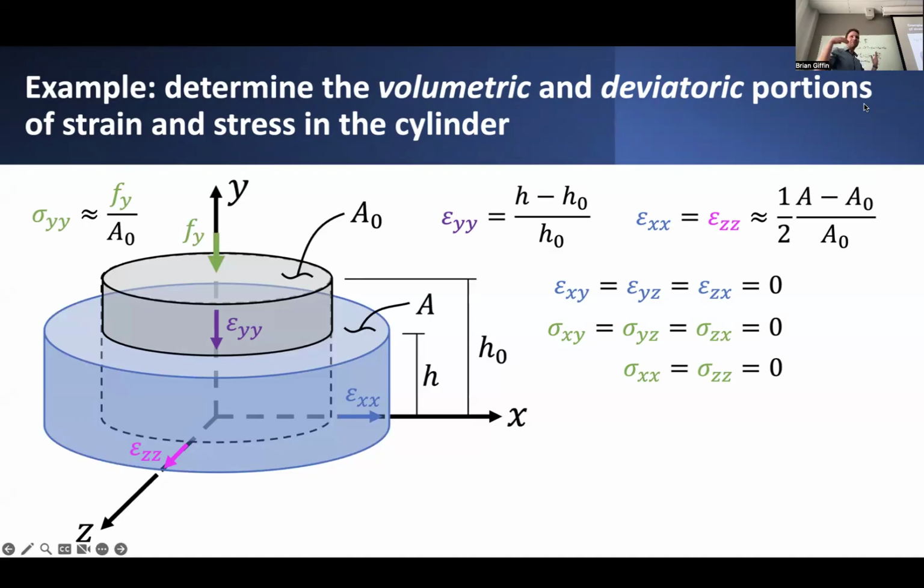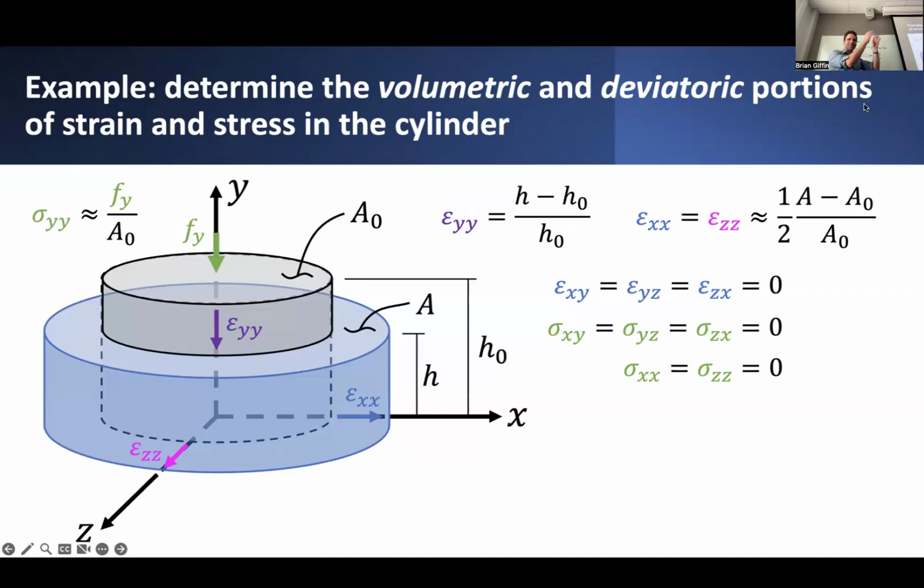But remember from last lecture, we talked about this notion of deviatoric and volumetric measures of both strain and stress, which were useful ways of decomposing both the strain and stress tensors into basically separable deformations that can be connected via totally independent constitutive relationships.